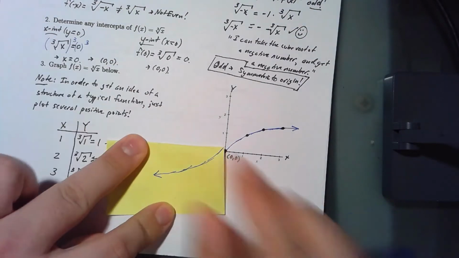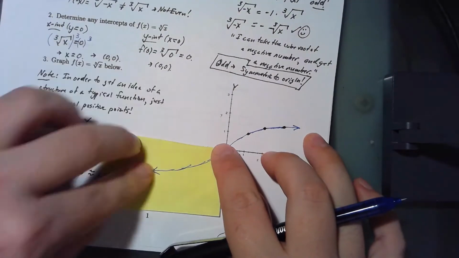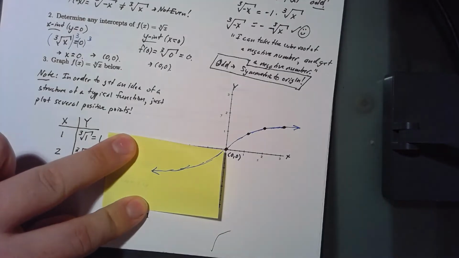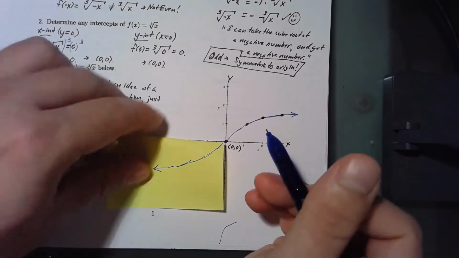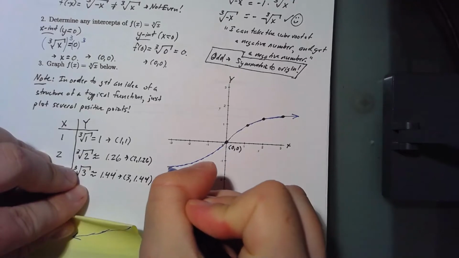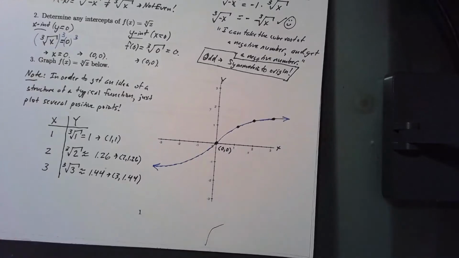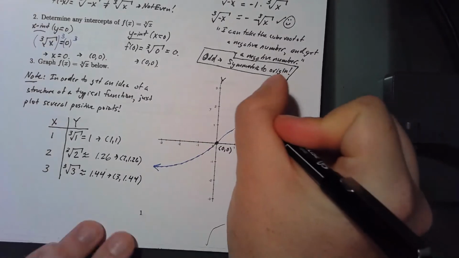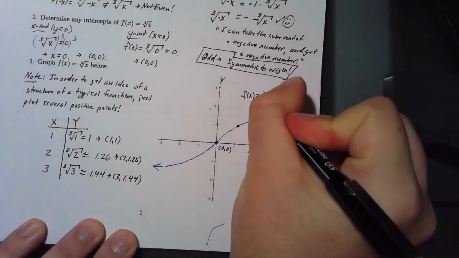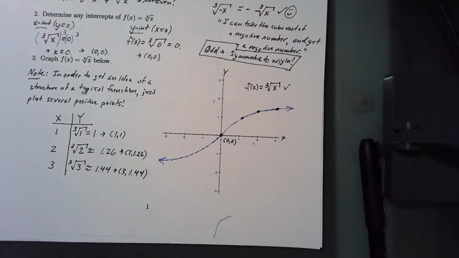That's what symmetry to the origin looks like. So take that and just graph it here. So there's the rest of my function, f of x equals the cube root of x. And that's just by using symmetry. That's it.